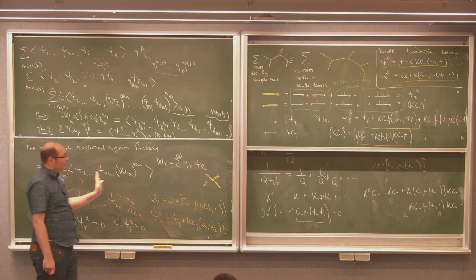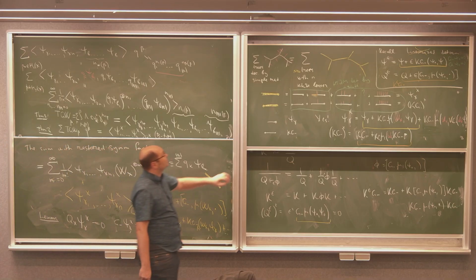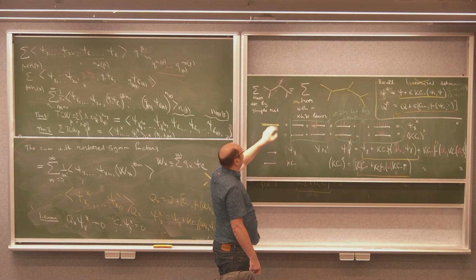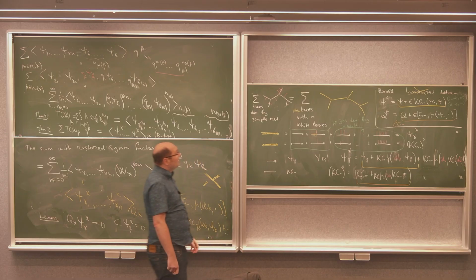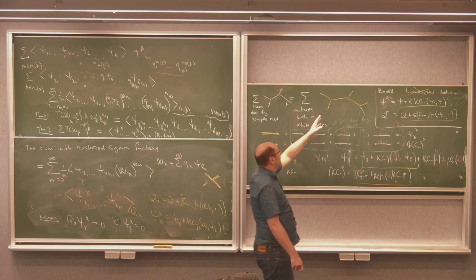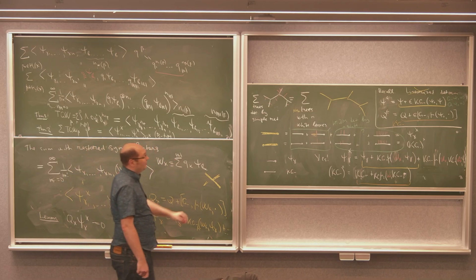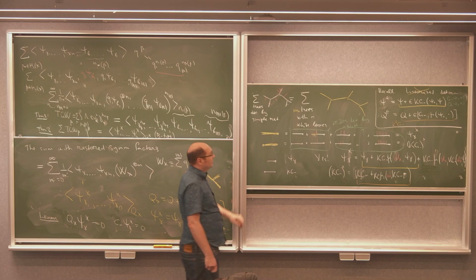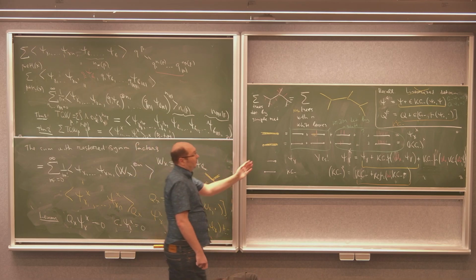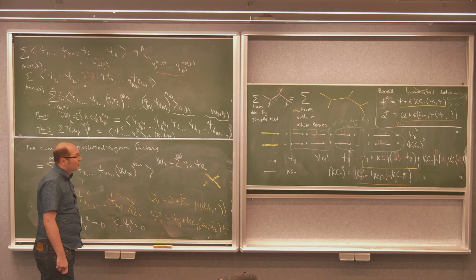So we can just drop them from our sum for this correlation function. And then we observed that the summation over white trees decorated by an arbitrary number of red leaves can be interpreted as summation over just yellow trees with n leaves, where we formally replace a leaf and an internal edge by this formal sum of an arbitrary number of red decorations.